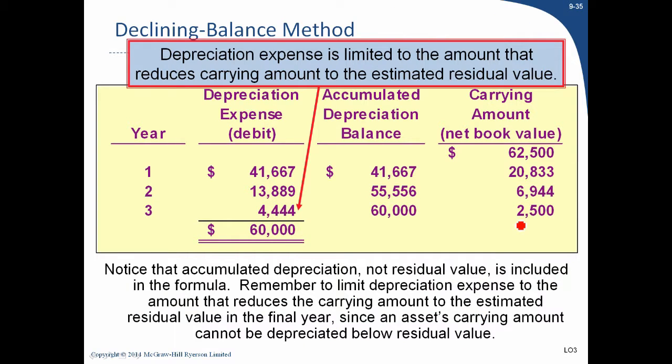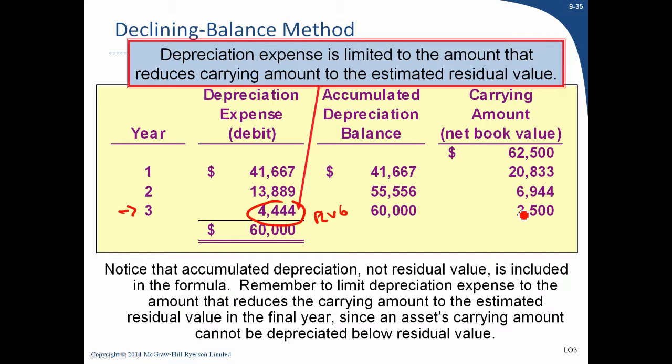So the way this method works is your final year, this number is actually called a plug. You don't calculate this number, 4444, by taking 2/3 of the carrying amount.